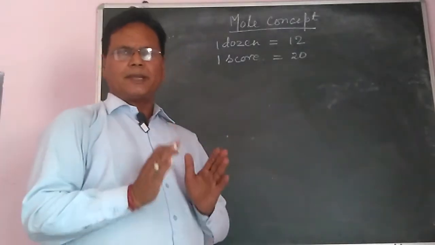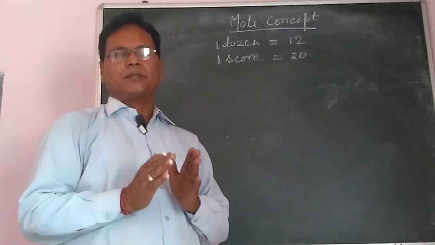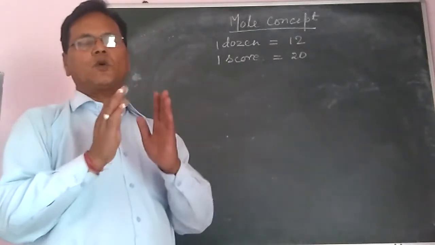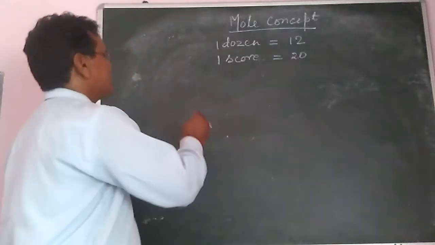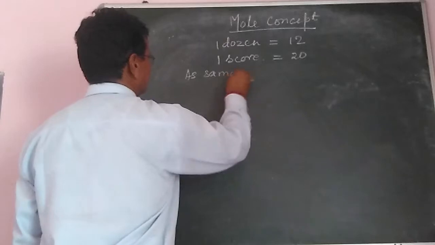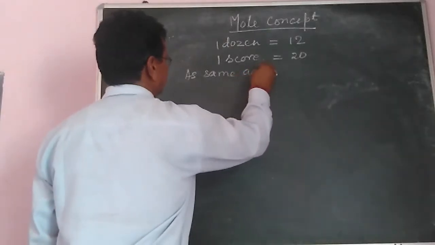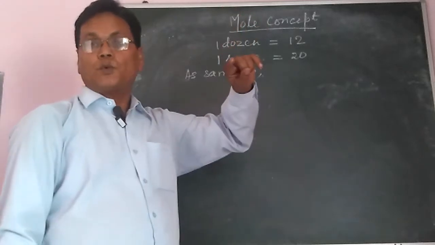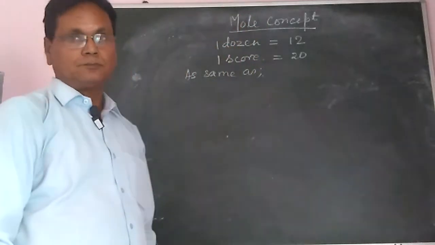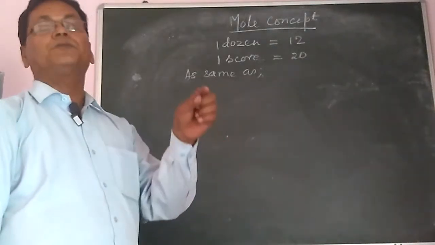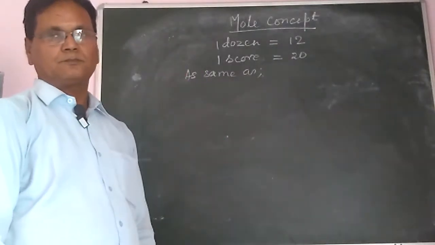So there are so many fixed numbers that are called by a unit, that is, a counting unit. As same as that, this mole is also a counting unit. It will also give you a definite number of particles.